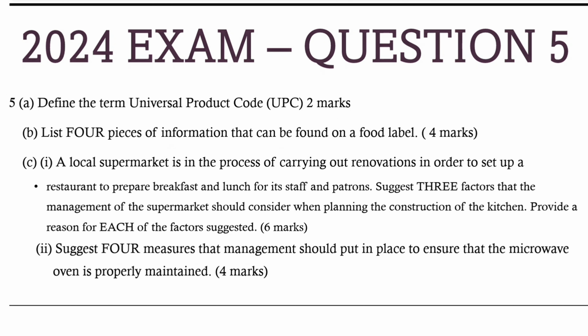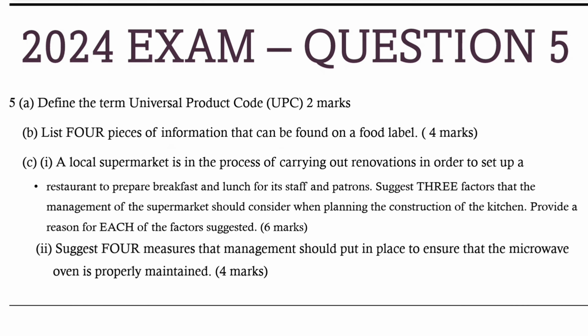Suggest 3 factors that the management of the supermarket should consider when planning the construction of the kitchen. Provide a reason for each of the factors suggested. That is worth 6 marks. That's a loaded one right there. And the final one says, suggest 4 measures that management should put in place to ensure that the microwave oven is properly maintained. And that is worth 4 marks.